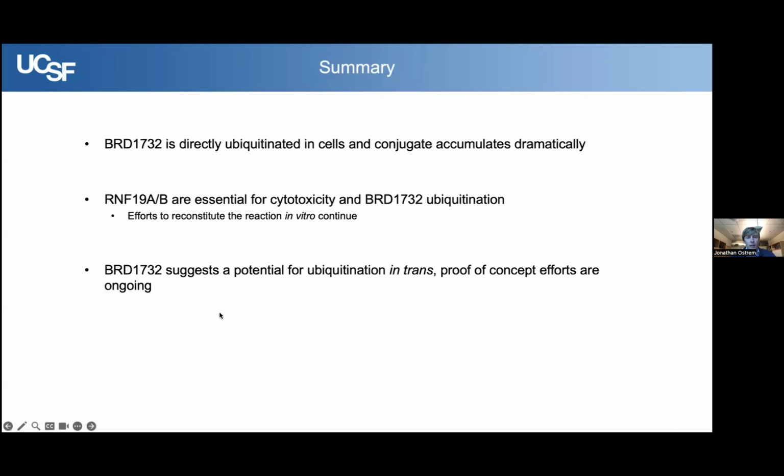RNF19A and B are essential for both the cytotoxicity and the ubiquitination, although we have not been able to reconstitute the reaction in vitro. We're still working on that. I'm quite hopeful that we'll get that soon. And then, as I've said before, I think this suggests an entirely new mechanism of small molecule directing post-translational modification through the small molecule itself.